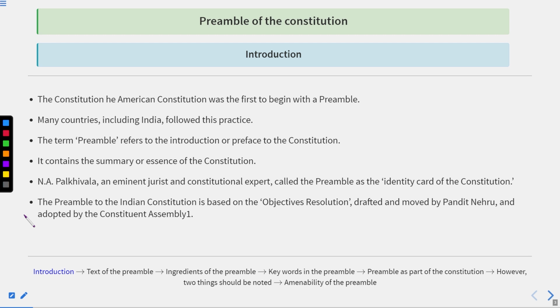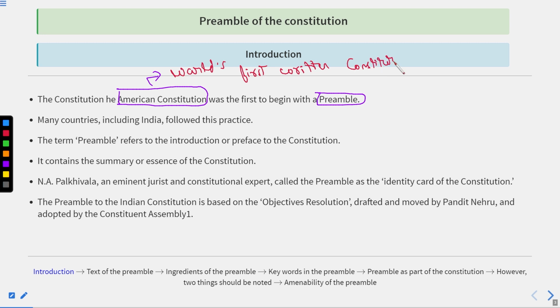The American Constitution was the first to begin with the preamble. And we know that the American Constitution is the world's first written constitution.